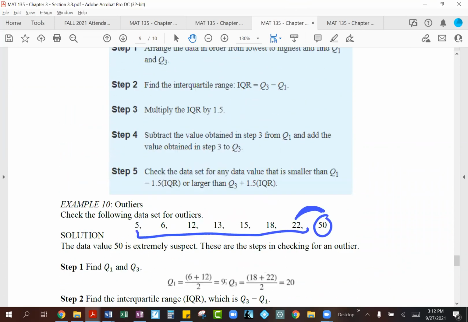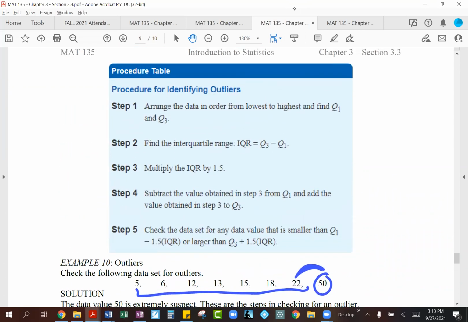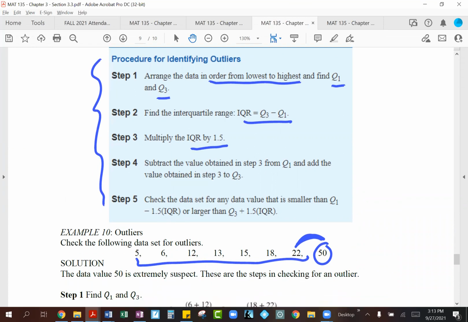So they actually go through a process of how you can identify if your data set has an outlier or not. They start out by putting your data set in order from smallest to largest, finding your quartile 1 and quartile 3, calculating the interquartile range, and multiplying your interquartile range by 1.5.